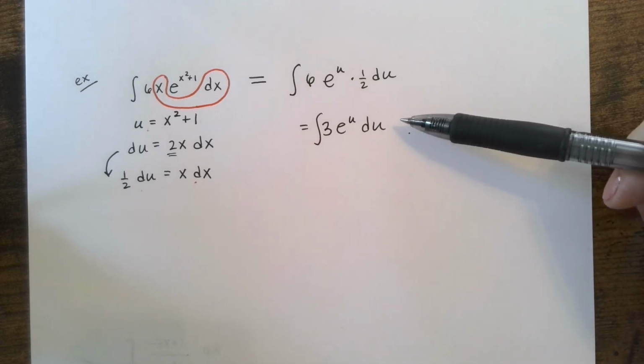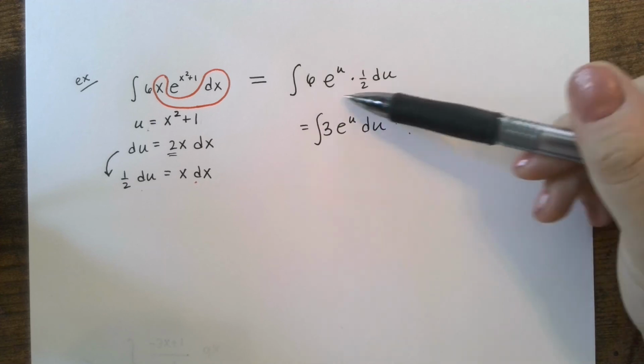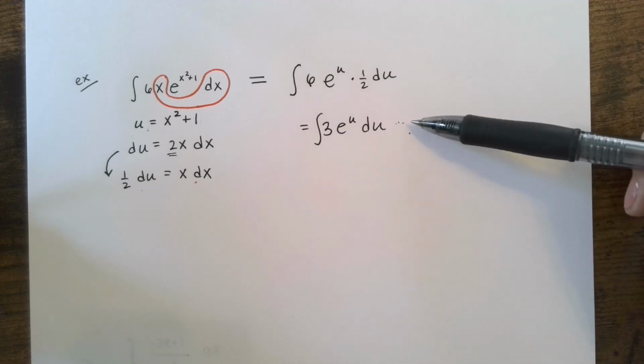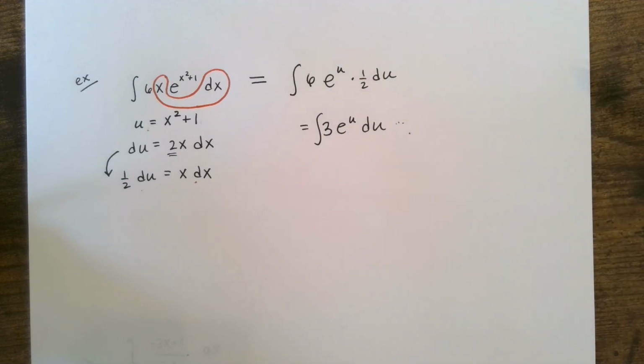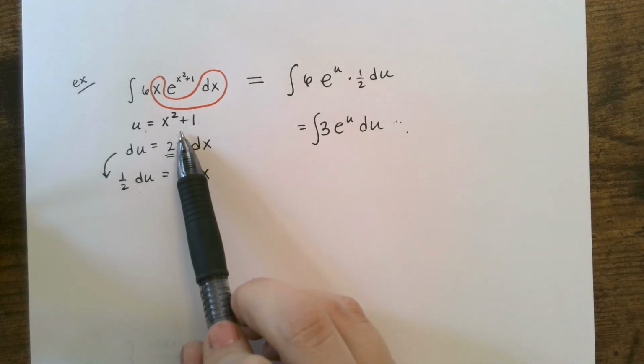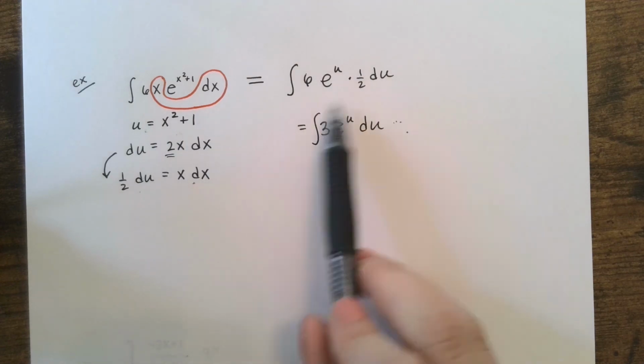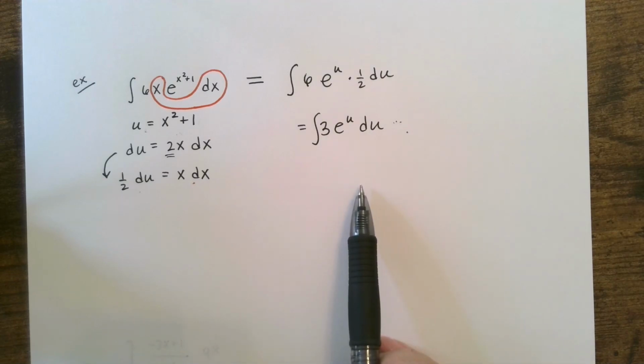You would either get an integral where you couldn't get rid of all the x's, right, so you'd still have some x's and some u's, which is a bad sign, or you would get all into u's, but then it would still be something that you don't know how to integrate. That's another sign that you need to rethink what you chose for your substitution here. So if you make this substitution with the u and the du, it becomes something entirely of u's and it's something you can integrate, then you're good to go.